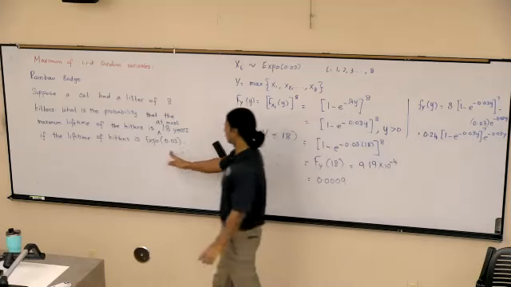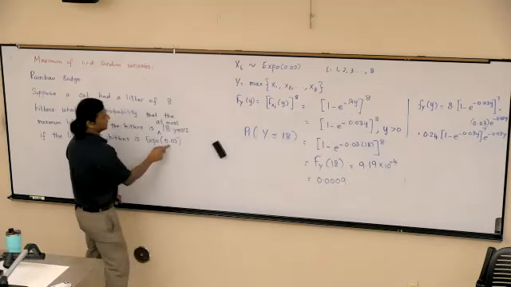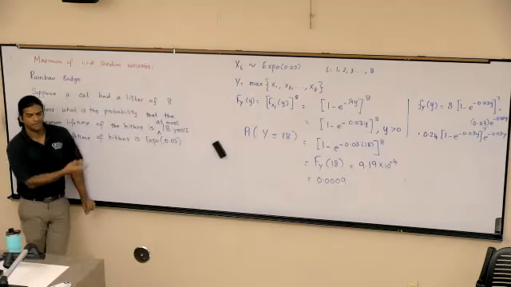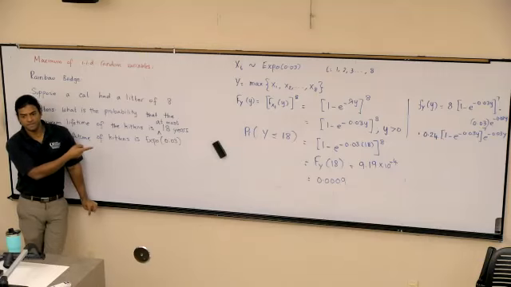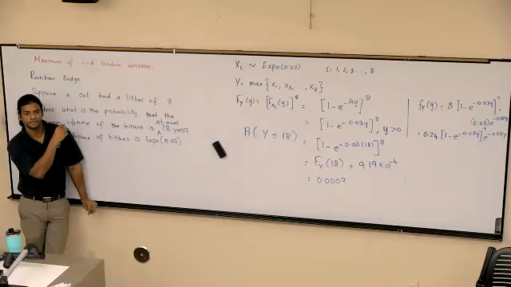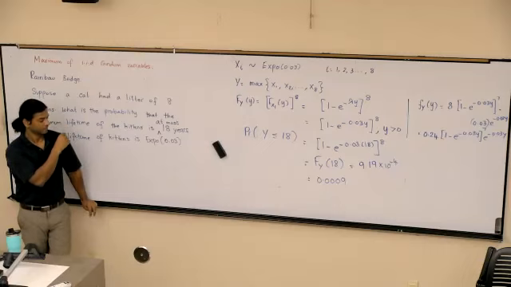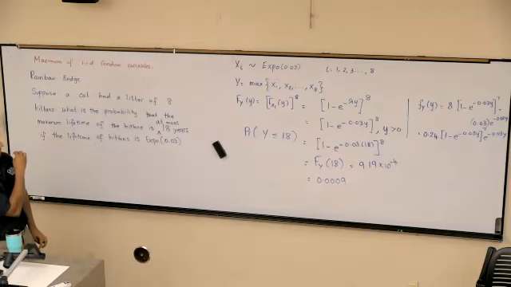And I have exponential of 0.03. What is 1 over 0.03? 100 divided by 3. 1 over 0.03 is 33.3.